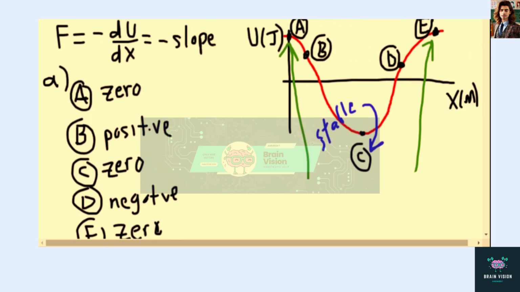So I can put this right below the graph. This is going to be force in newtons. We said that the force is 0 at A and at C and at E.